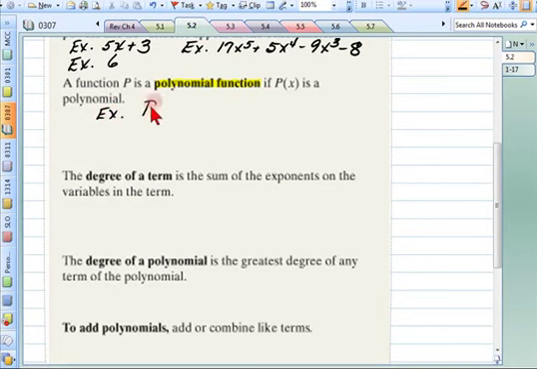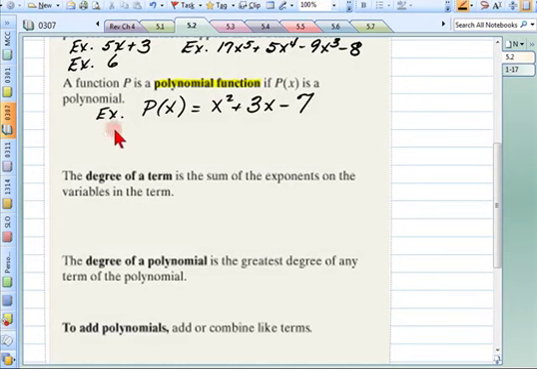What if I had p of x is equal to x squared plus 3x minus 7? It is a function. It is in function notation. And the right-hand side, do you agree that this is a polynomial? Yes, it is a polynomial.